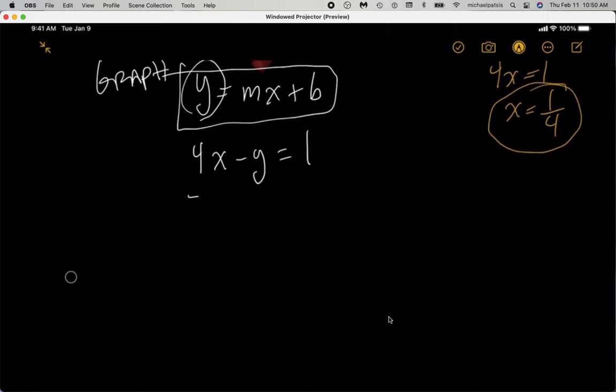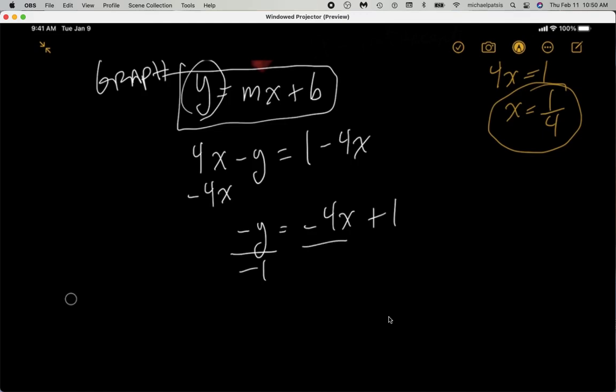So the first thing I'm going to do is subtract 4x from both sides, and I'm going to get negative y equals negative 4x plus 1. Then I'm going to divide both sides by negative 1 because y is not by itself until it is positive y. Y is going to equal 4x minus 1.